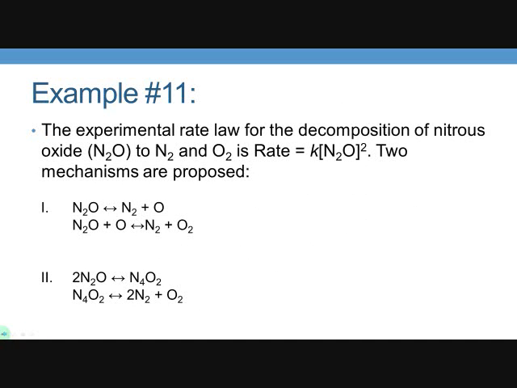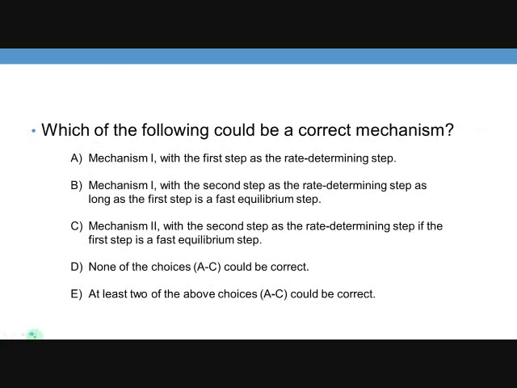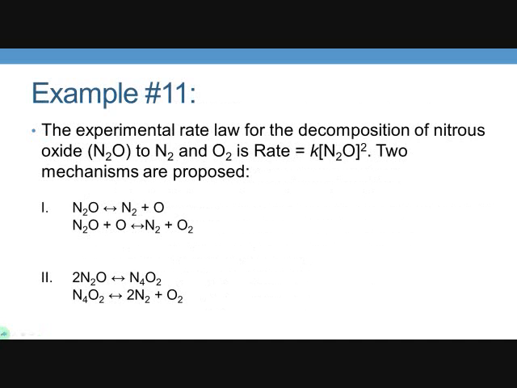Okay, here we go. Let's think about it. The experimental rate law for decomposition of nitrous oxide to nitrogen gas and oxygen gas is shown. The two proposed mechanisms are as follows. So we need to figure out which of the following could be the correct mechanism. Well, do they create the same balanced equation overall?